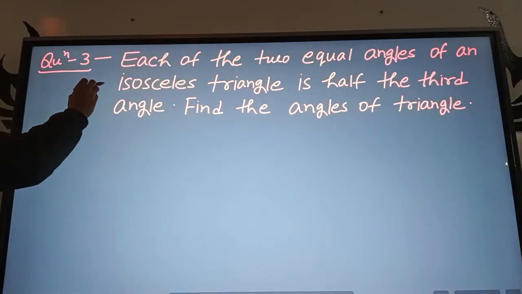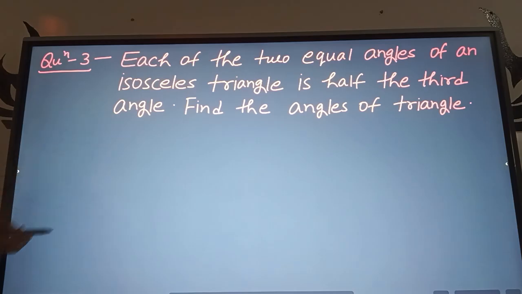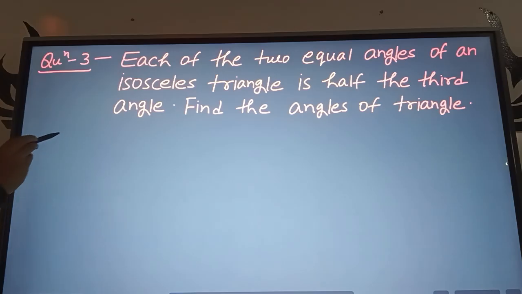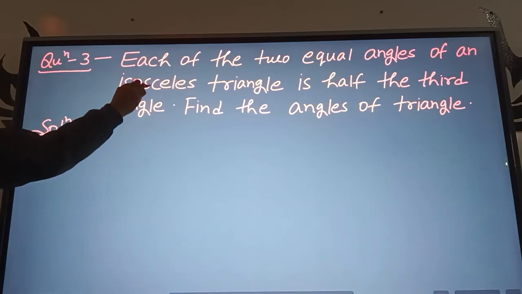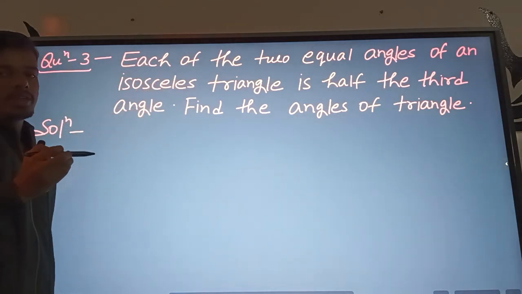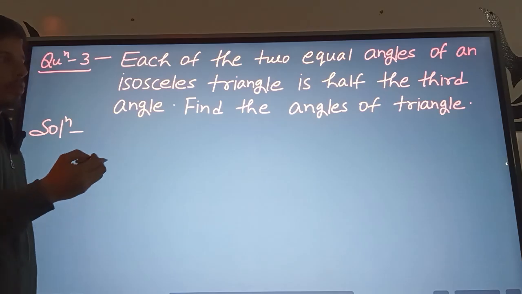Now our third question, from the topic triangle. Each of the two equal angles of an isosceles triangle is half the third angle. Find the angles of the triangle. The topic is isosceles triangle, a type of triangle on the basis of sides.